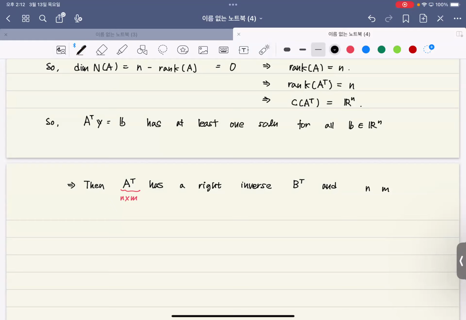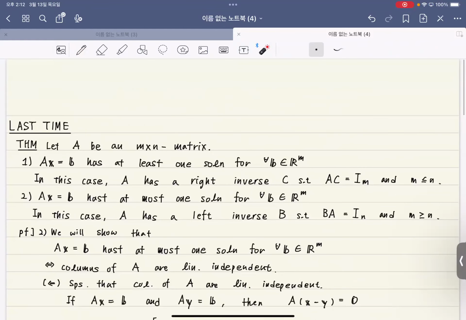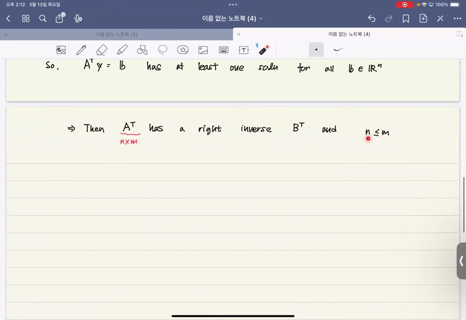This time, n is greater. Okay, I'm sorry, I just got confused. It is m by n, and in this case, m is less than or equal to n. Now this is n by m, so n is greater than or equal to m. Okay, all right.